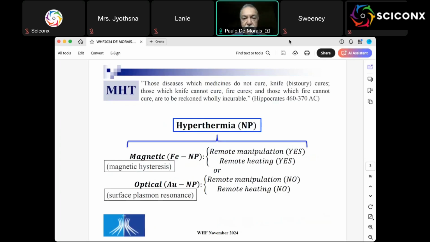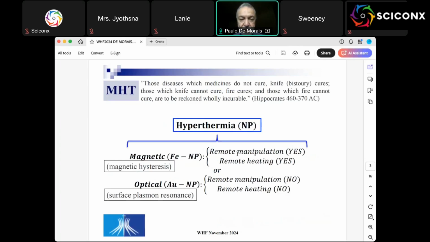What is a very important difference between magnetic hyperthermia and optical hyperthermia? Magnetic hyperthermia allows you to promote remote manipulation of the magnetic nanoparticles. In addition, it allows you to perform remote heating, because you can apply an external AC magnetic field.